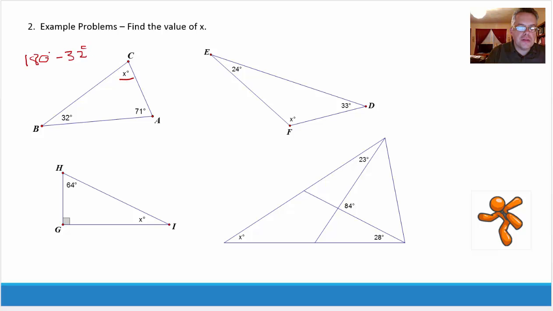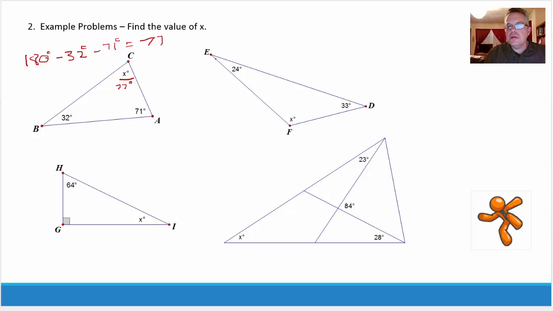So it's 180 degrees minus 32 degrees minus 71 degrees, and we get our missing angle. All we need is a calculator, and we can do this kind of problem very quickly. And I get 77 degrees. So this angle is 77 degrees.